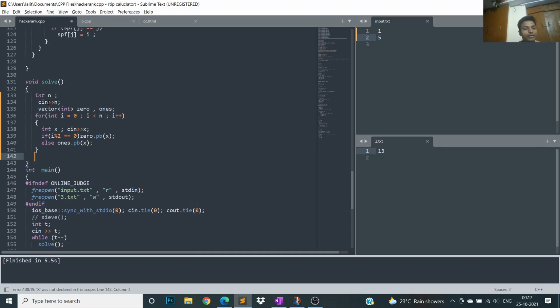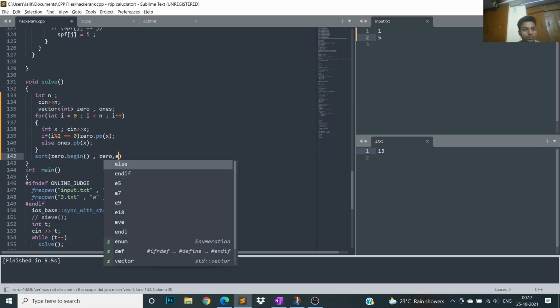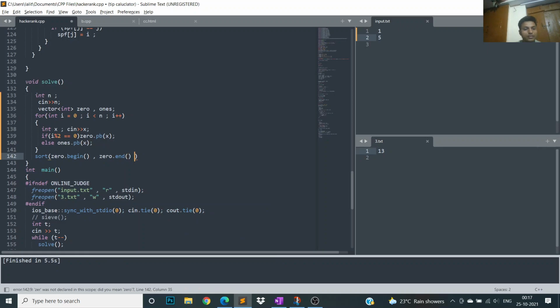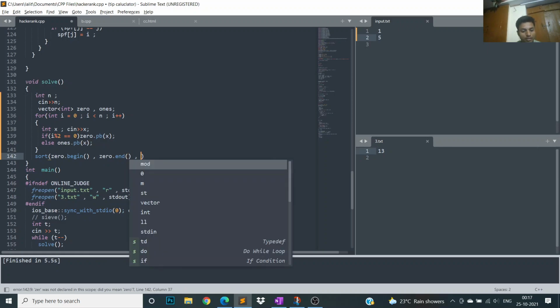Yeah, so now sort the zeros. Zeros dot begin, zeros will be in decreasing order, so the greater will come first.